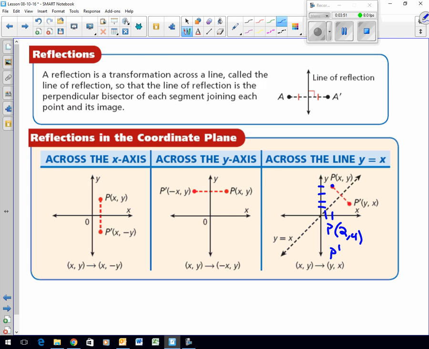But P prime is at 4, 2. See how I've got to switch my x and y's when I do my prime reflection? Right, that's some of the stuff we're going to be working on today. Any questions on that? Sweet.